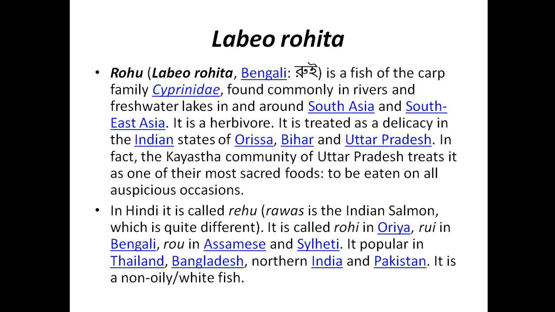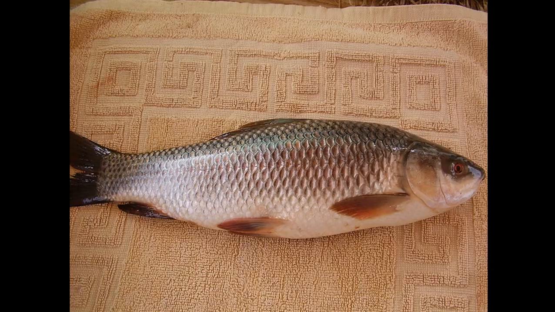A herbivorous fish, and one of the most delicious freshwater fish comes from Orissa, Bihar, Uttar Pradesh, and it is also considered one of the sacred foods, and you can even eat this fish on all days because it's the most sacred fish. So it is called rohu, the Indian salmon. They are known by different names. See, this is how the Labeo rohita appears. A very beautiful fish.